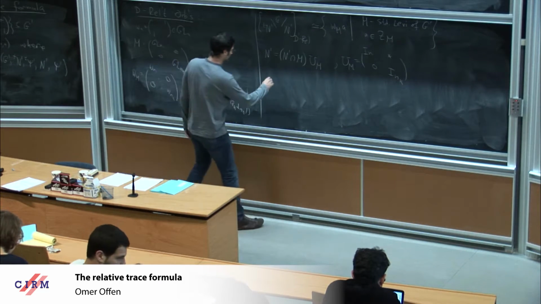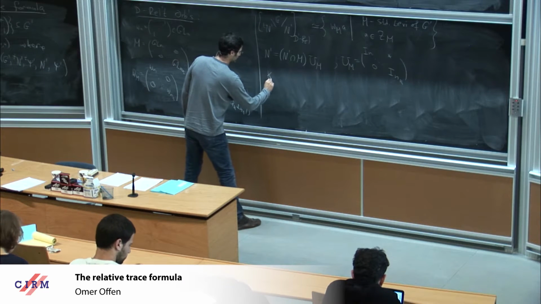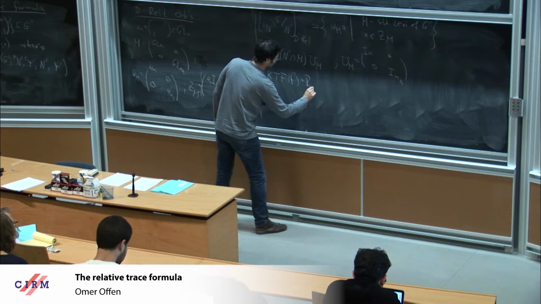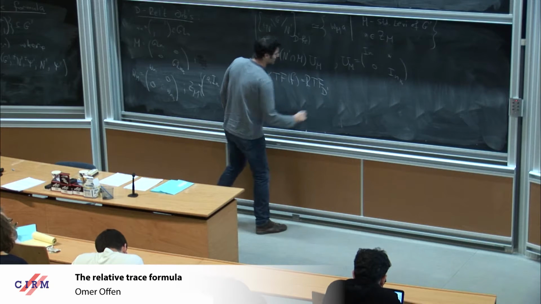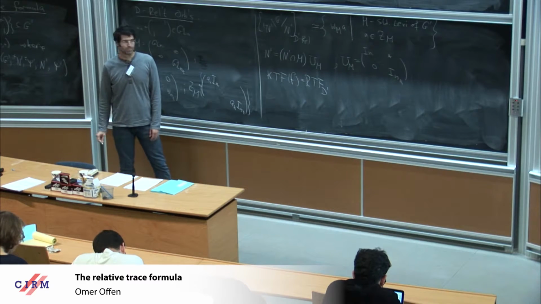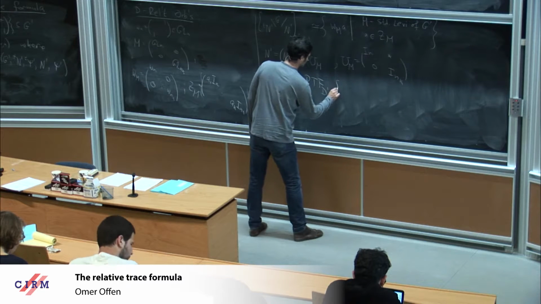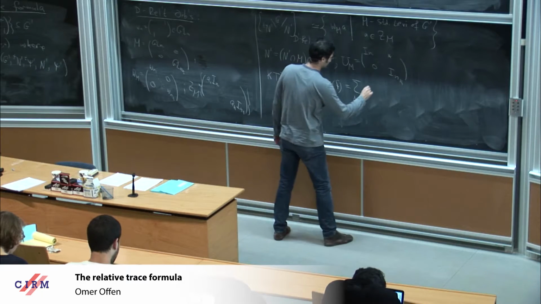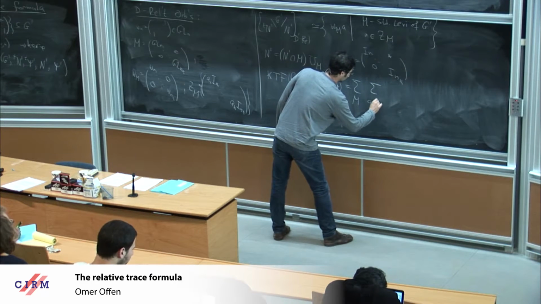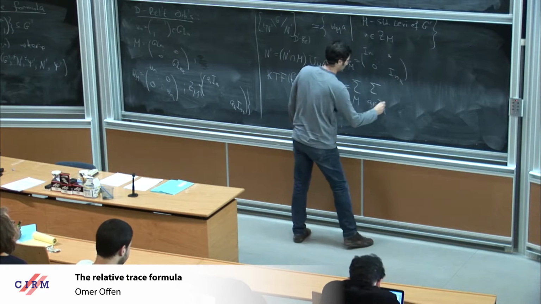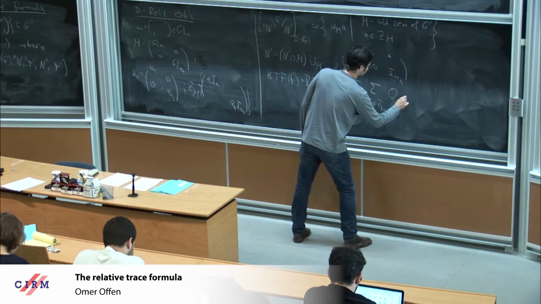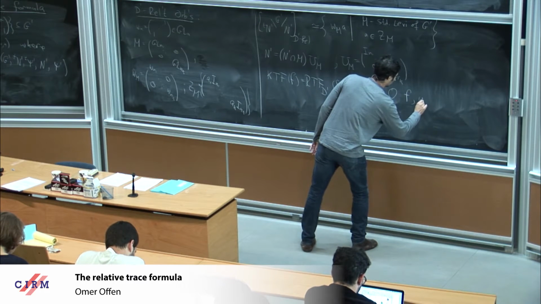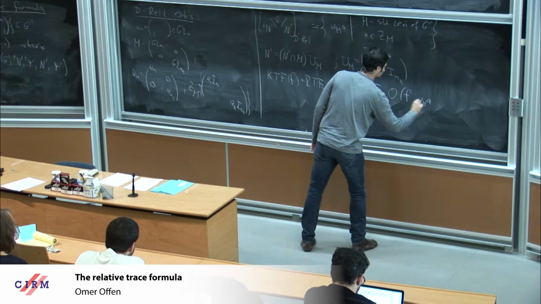And what I'm going to call the Kuznetsov trace formula, which is the relative trace formula for the data D prime, is the sum over all M and the sum over all A in the center of M of the orbital integral of F at the orbit representative for the relevant orbits.